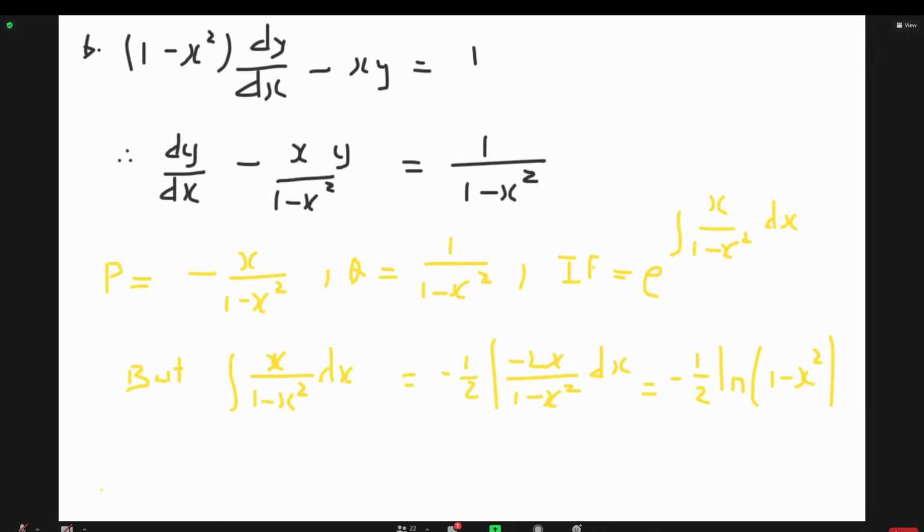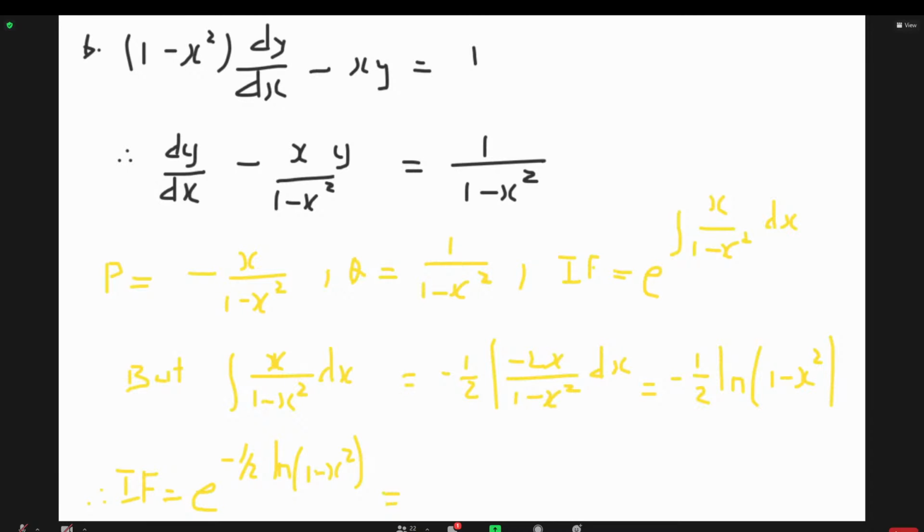So therefore, our integrating factor becomes e to the minus a half ln 1 minus x squared. Again, we have to get rid of the half before we can eliminate the e and the ln.